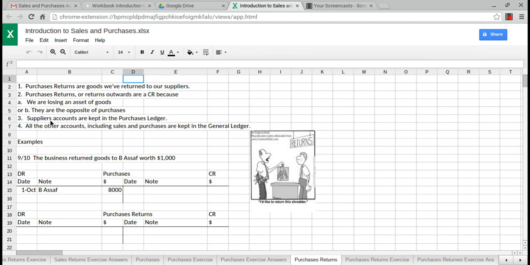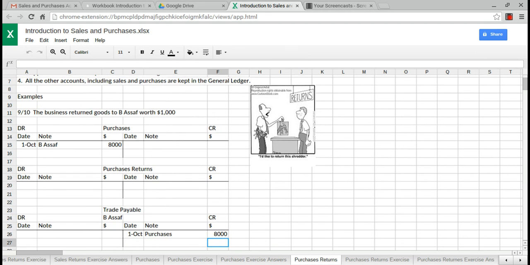Accounts or ledgers. First of all, the supplier's account will go into what's called the purchases ledger.